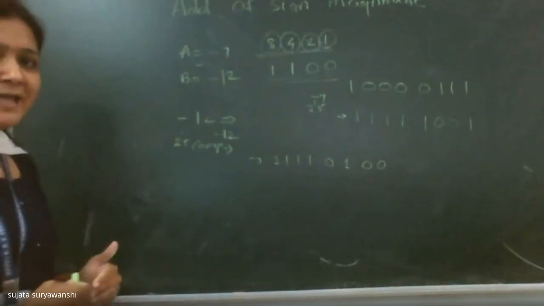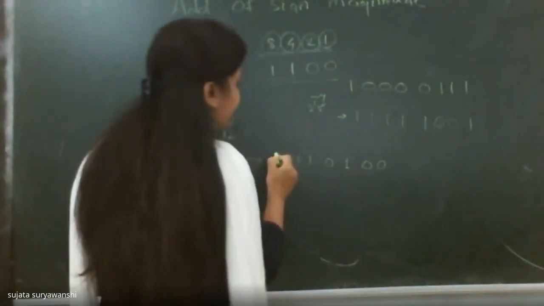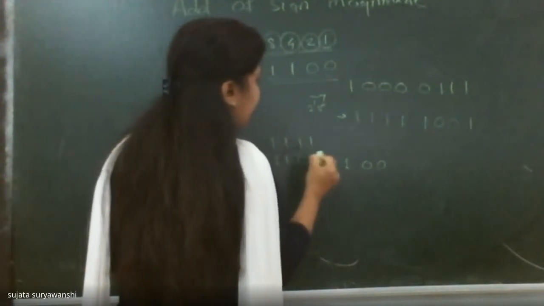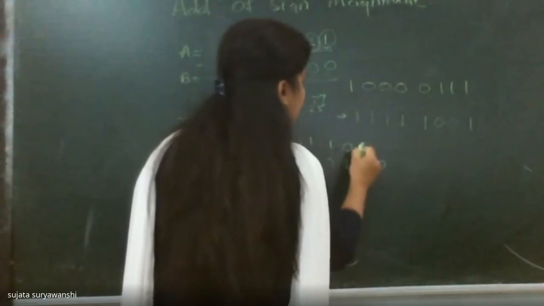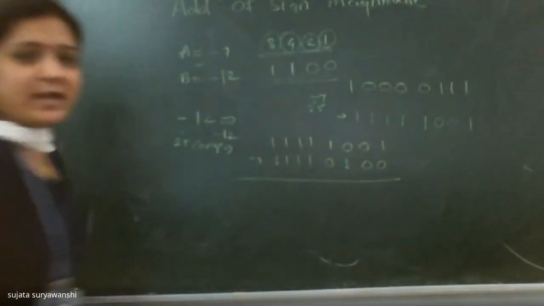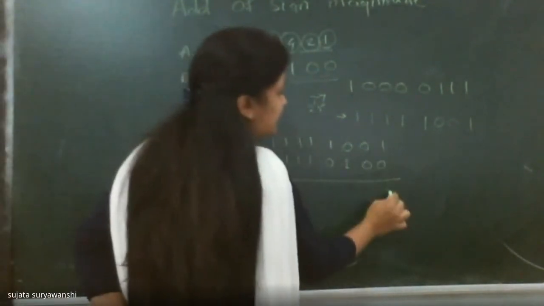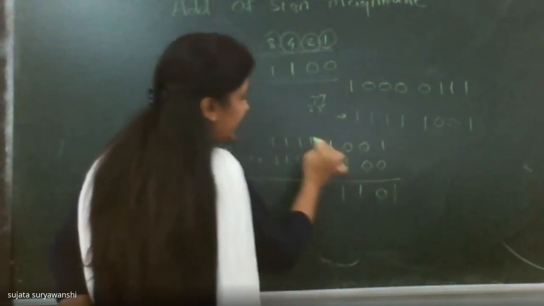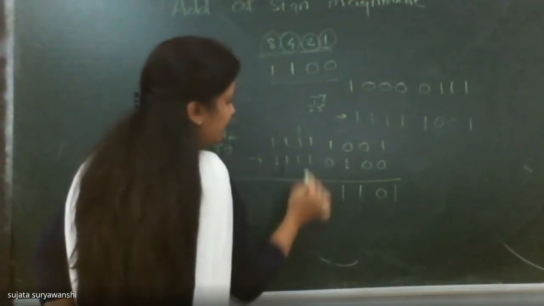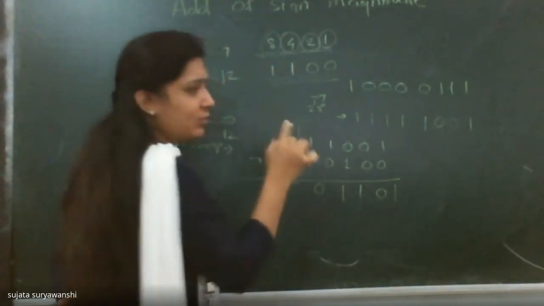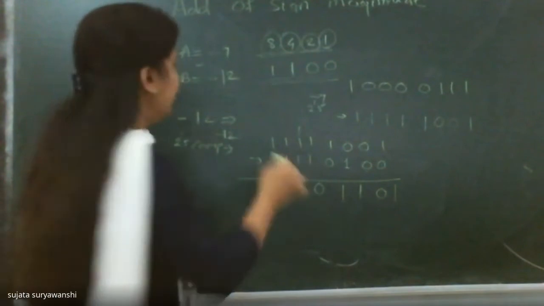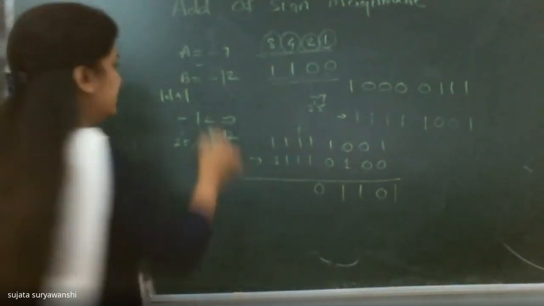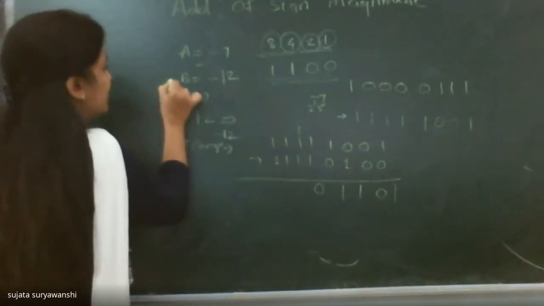So you have to simply add these two numbers. Okay, so I have 1, 1, 1, 1, 1, 0, 0, 1. Add these two numbers. 1 plus 0 is 1, then 1 plus 0 is 1, 0, carry 1. 1 plus 1 is 0, carry 1. Again 0 plus 1. If three ones are there and you perform addition of three ones, then 1 plus 1 is 0, and a carry is generated.